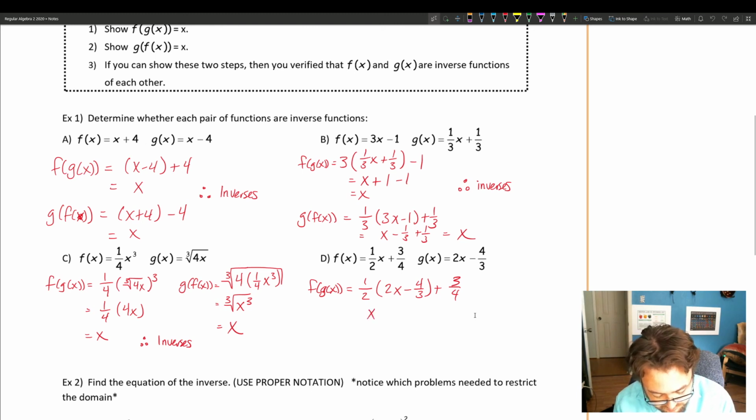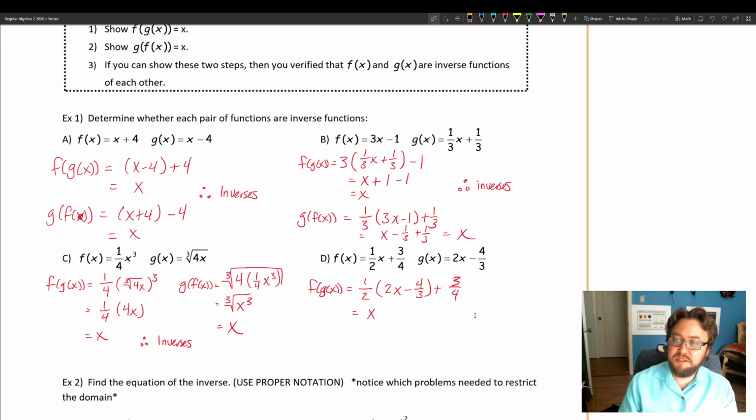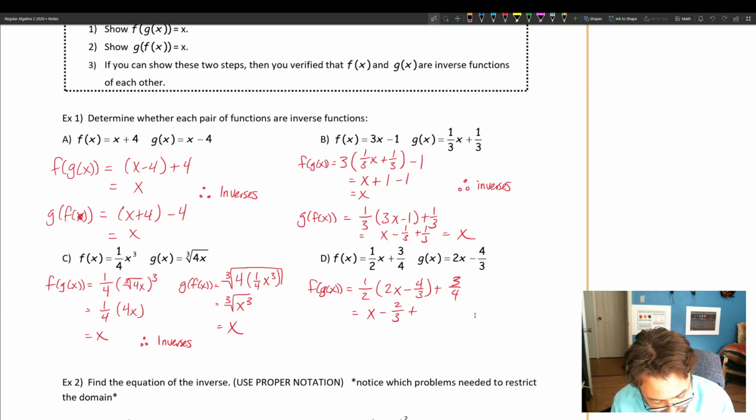So far, so good. 1/2 times negative 4/3 is negative 2/3, plus 3/4. I'm going to go ahead and do that fraction math for you. That means that our equation simplifies to x plus 1/12.